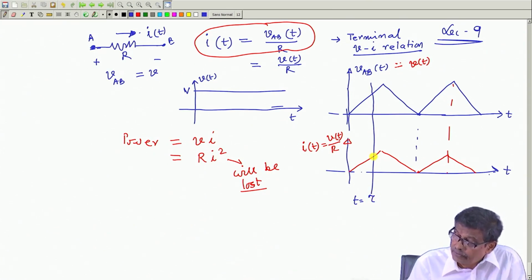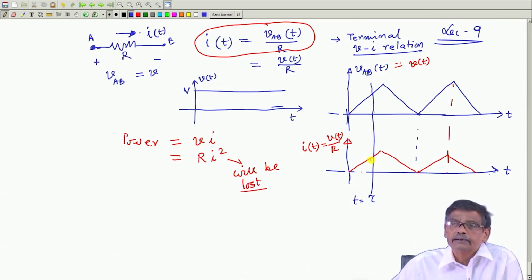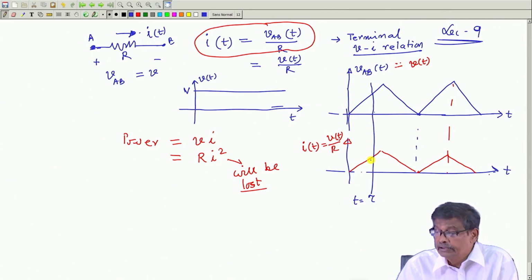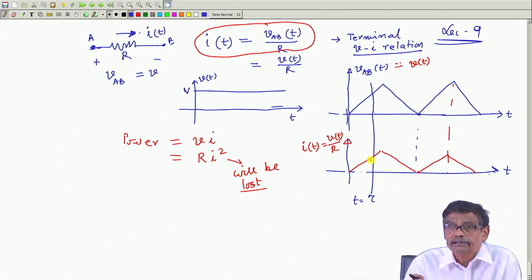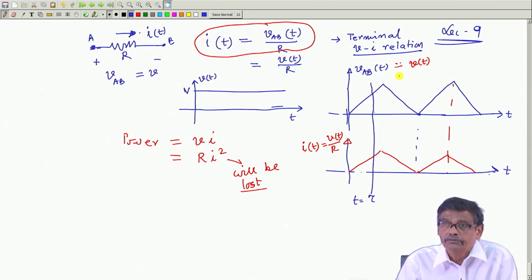Value of the current will depend only on this value of the voltage, this V divided by R, R is a constant number. Therefore, for a resistance, current at a given time will depend only on the magnitude of the voltage at that time existing. It does not depend on the previous value nor on the future values.